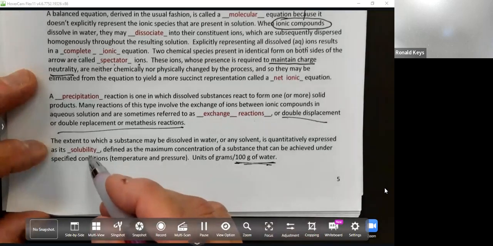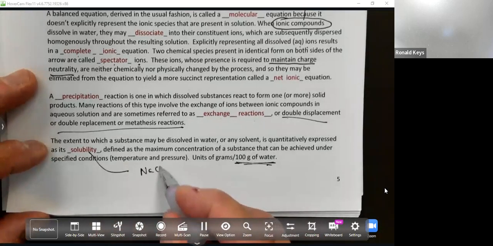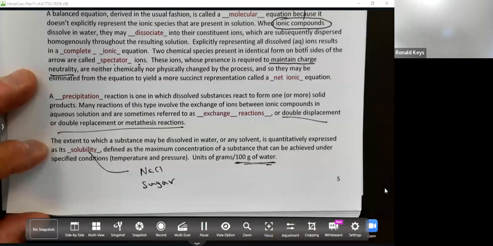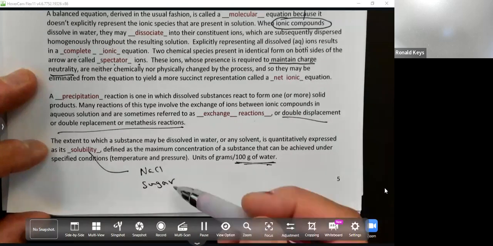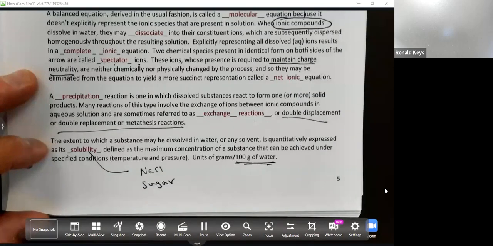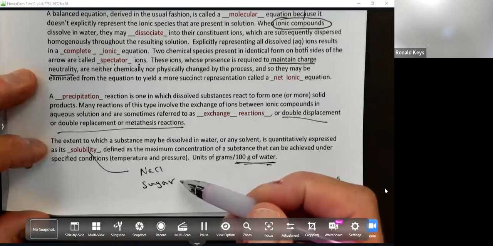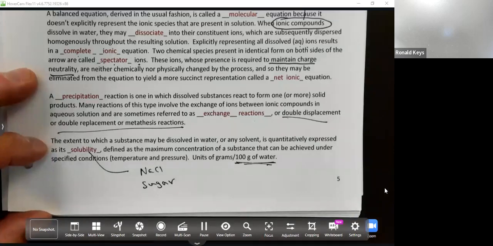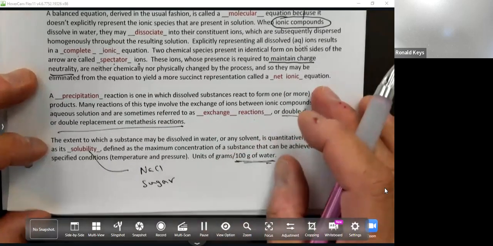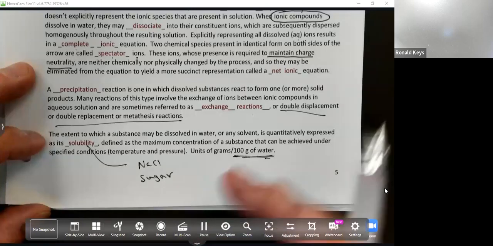So when you talk solubility of salt, NaCl versus sugar, if you have 100 grams of water, you have 100 milliliters. What dissolves more, sugar or salt? Sugar. You can dissolve more sugar. And if you heat it up, you can dissolve a heck of a lot more sugar with increased temperature. Salt really doesn't change much as you heat the water solution up, but with sugar, you can get a lot dissolved.